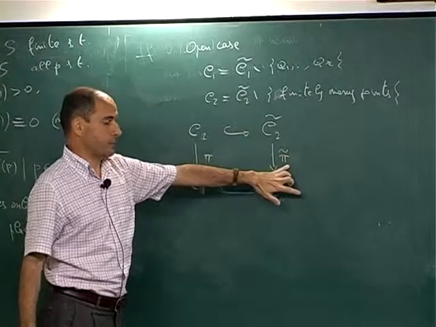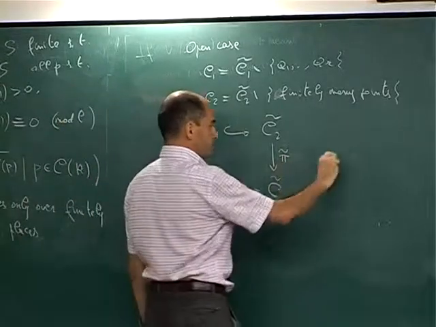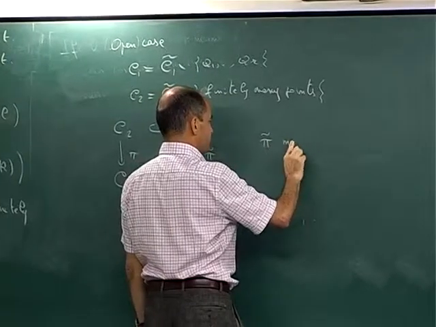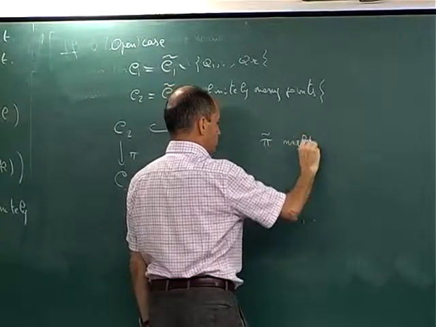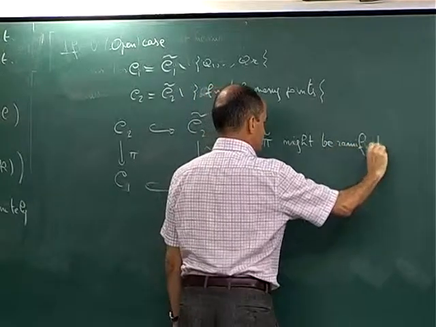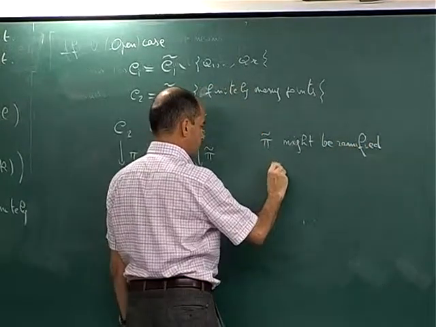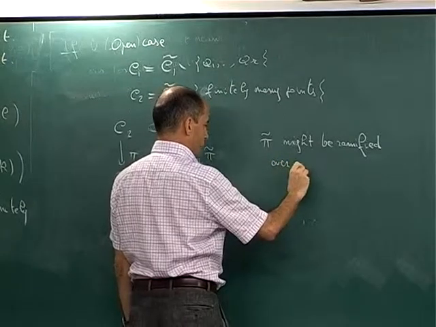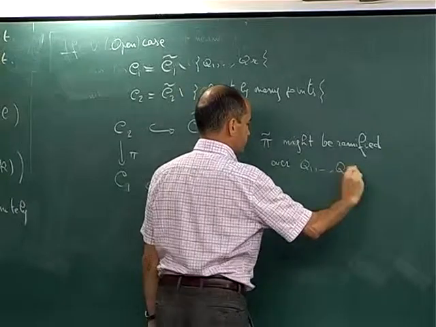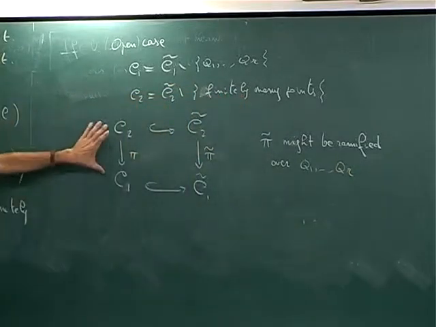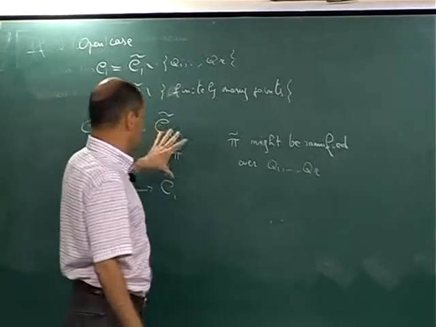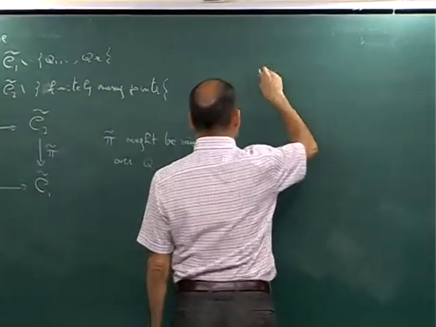But now this pi tilde might be ramified over Q1, ..., QR, because the hypothesis was that this cover was unramified.